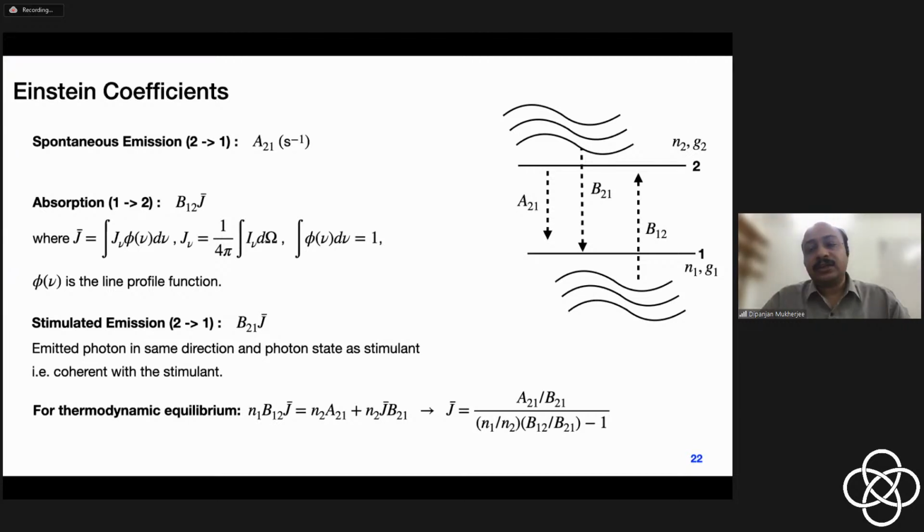So we'll slightly introduce these concepts here, just to give you a motivation of how these are linked. So first of all, let us consider a two-level system here, level 1 and level 2. Now suppose the system is excited to level 2. So this can be any sort of a system, an atomic system. For example, it can be the basic hydrogenic system with a proton and the electrons doing these transitions.